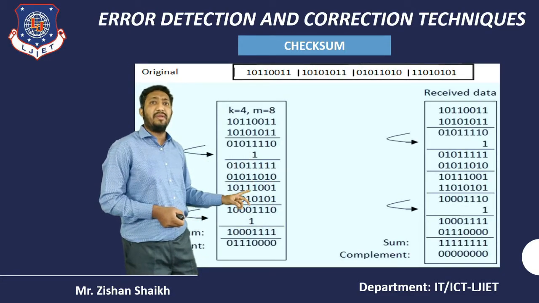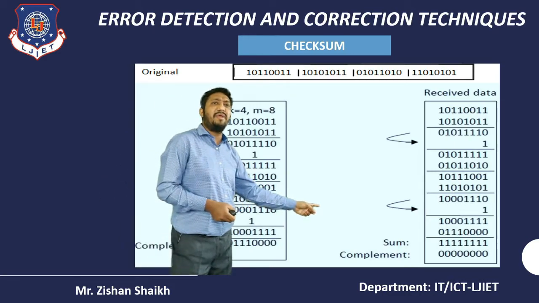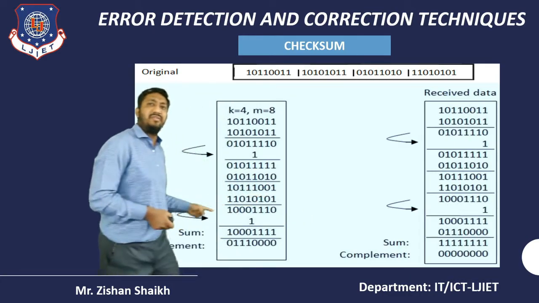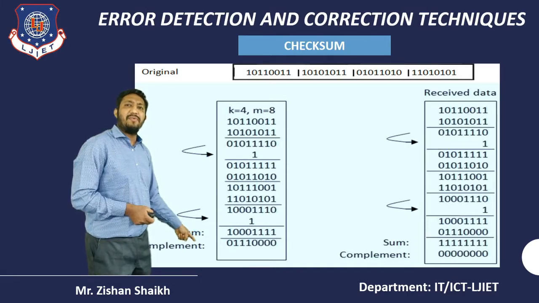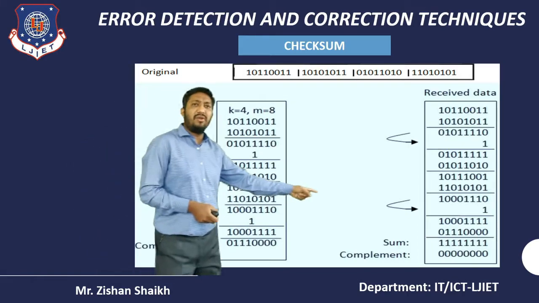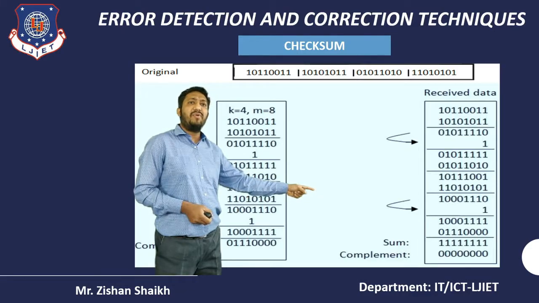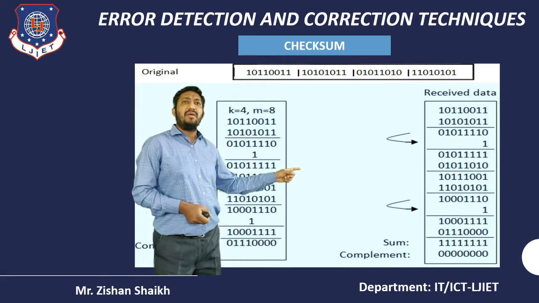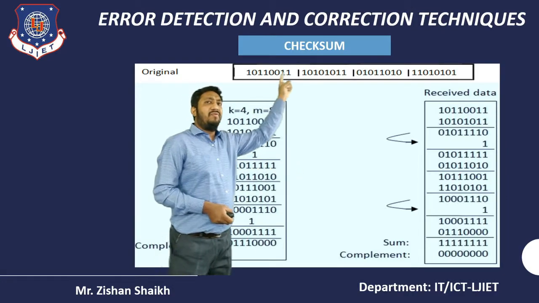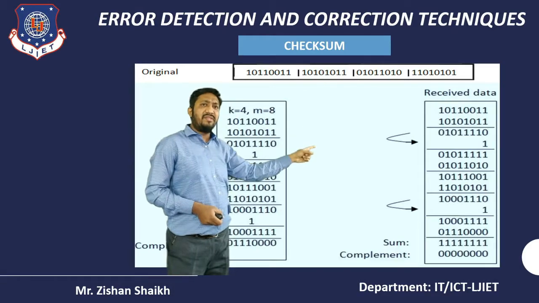Now the final sum is added with the checksum complement. In the first, second, third lines you can see 1 0 0 1 1 1 1. That is the addition of all four terms at the receiver side.